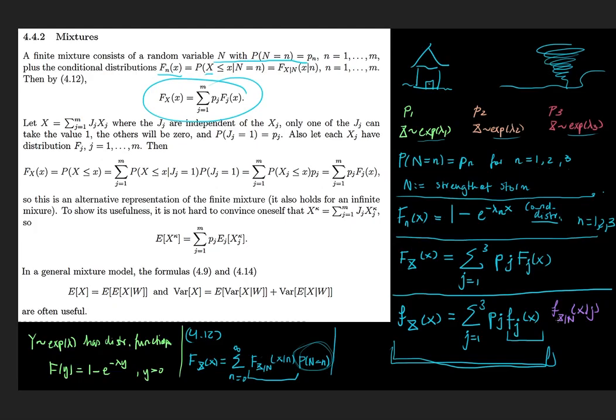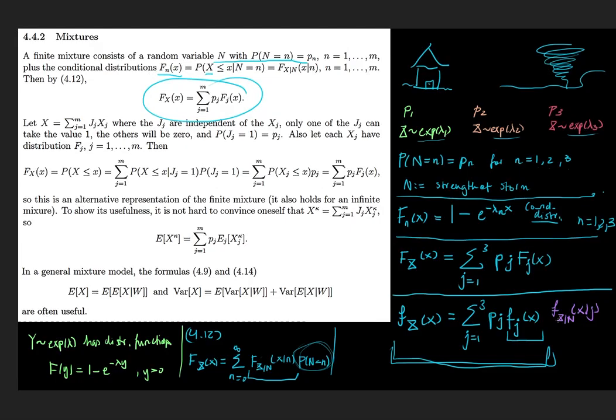The reason why I wanted to bring in this part of the book and talk with you about it is because a lot of people get confused over what mixture distributions are, because the notation is kind of confusing. It's a bit hard to understand, but essentially this is what mixture distributions are all about.